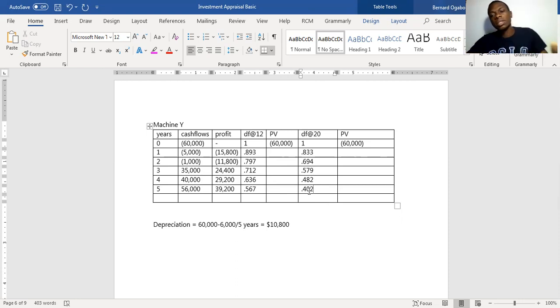Remember that I need to calculate the accounting rate of return, the payback period, the net present value, and the internal rate of returns.